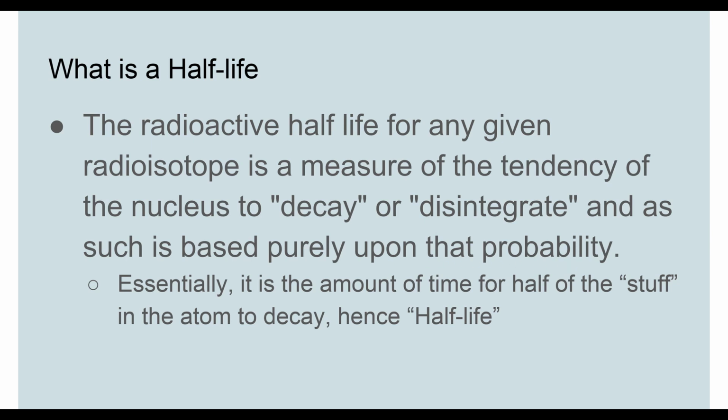So essentially what this means is it is the amount of time for half of whatever it is, the atoms, to decay, hence half-life. So it's how much time goes by for half of it to be decayed into something else. Think of, if you have a banana and it's sitting out and rotting, how much time would it take for half of it to be all rotted? Then that may be the half-life of a banana, okay?